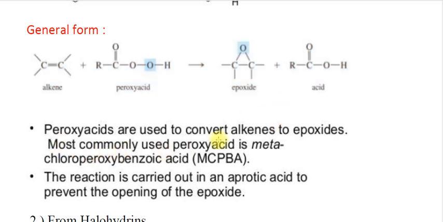Peroxy acids are used to convert alkenes to epoxide.